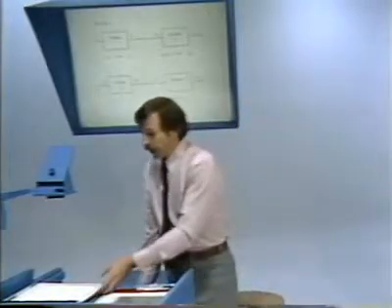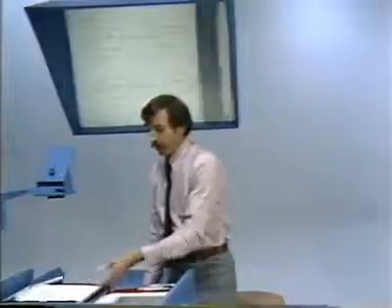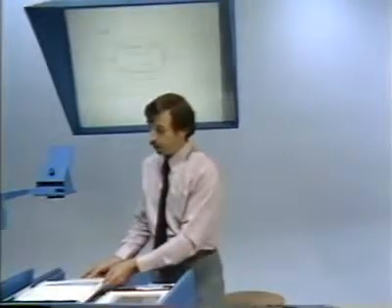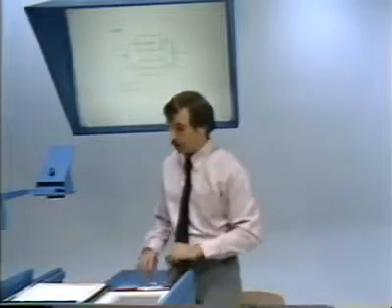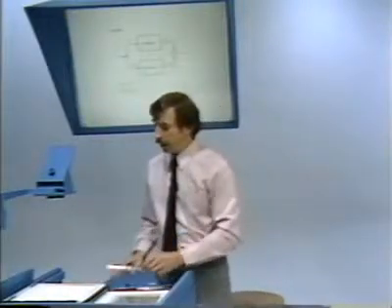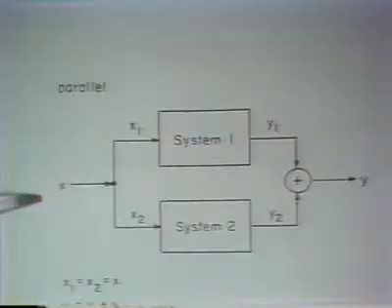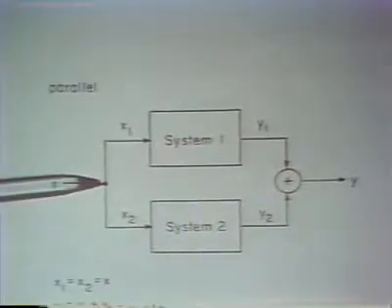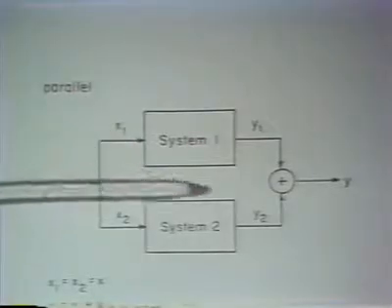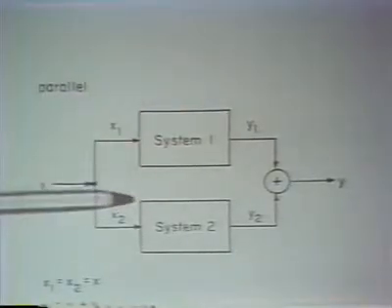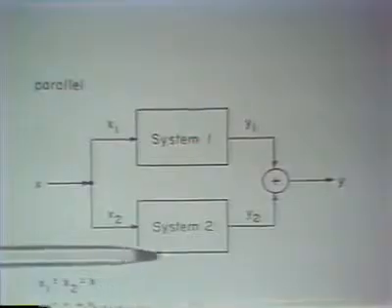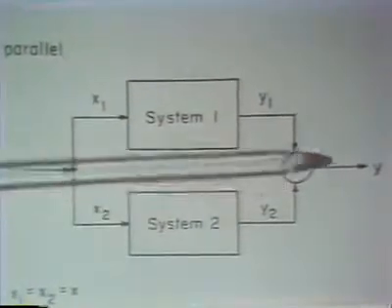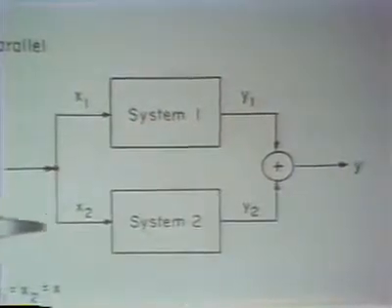All right, well, that's a cascade or series interconnection. Let's look at another interconnection, which is a parallel interconnection of systems. And here, what's meant by the interconnection is that the input is fed simultaneously into system 1 and into system 2, and then the outputs of these two systems are added to give the overall system output.